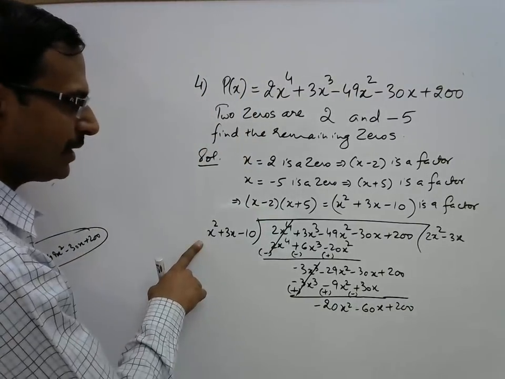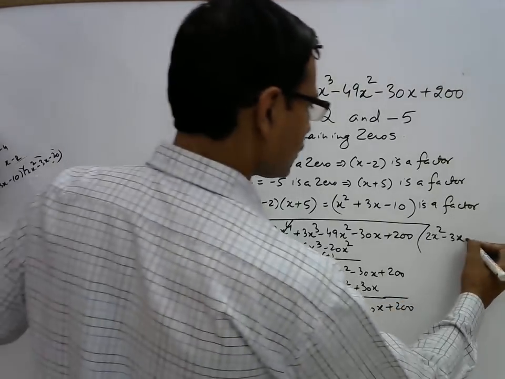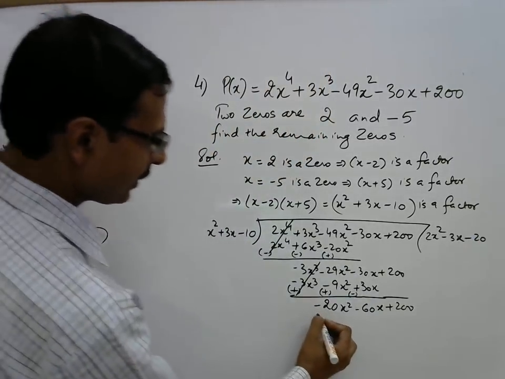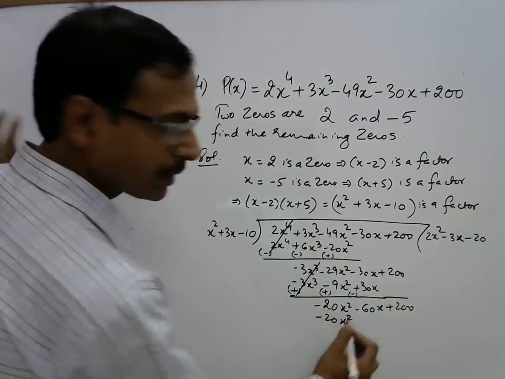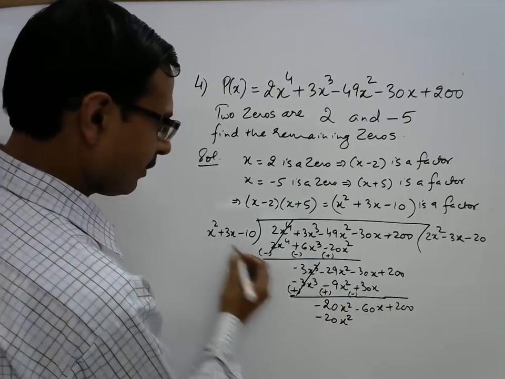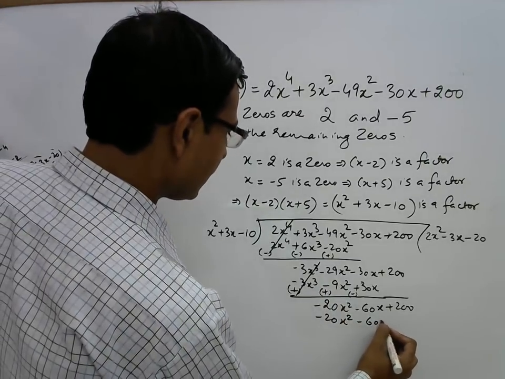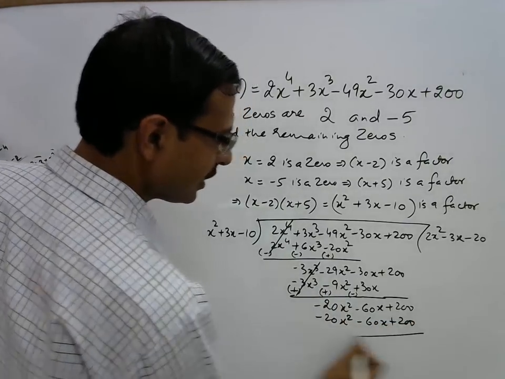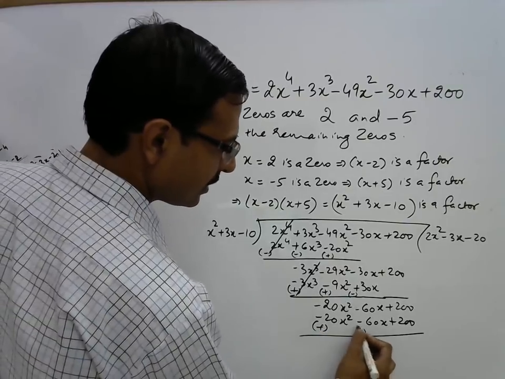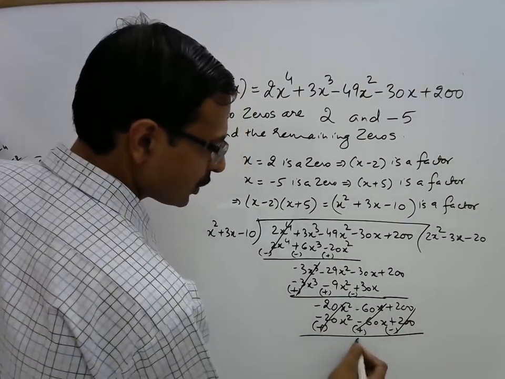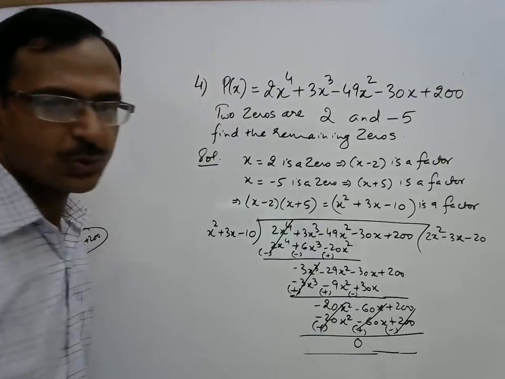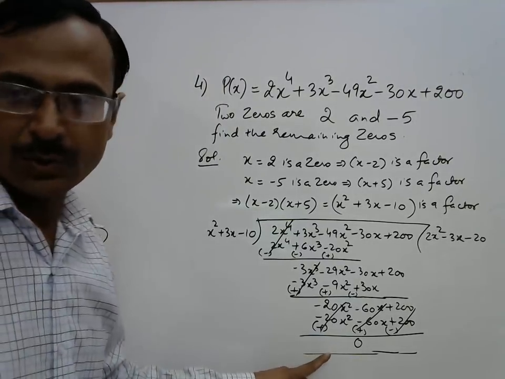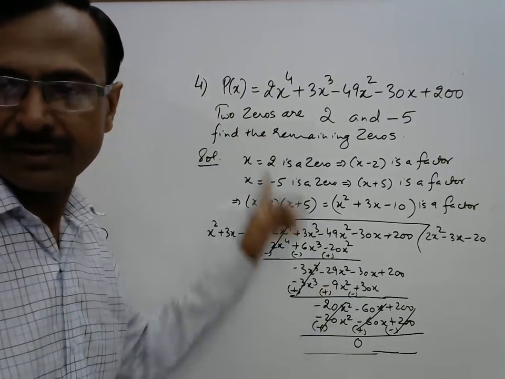So multiply this by minus 20. So you get minus 20x square minus 60x and plus 200. See, all the terms are getting cancelled. So the remainder is 0. Students, if you are not getting the remainder as 0, that means you have committed an error somewhere.